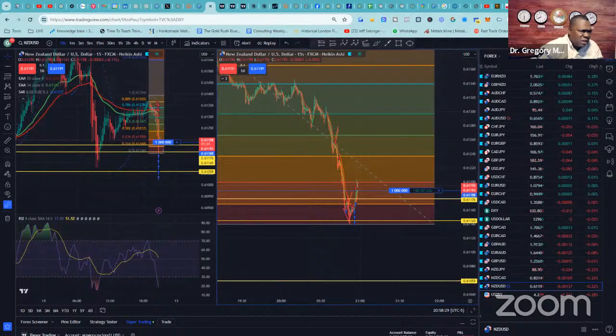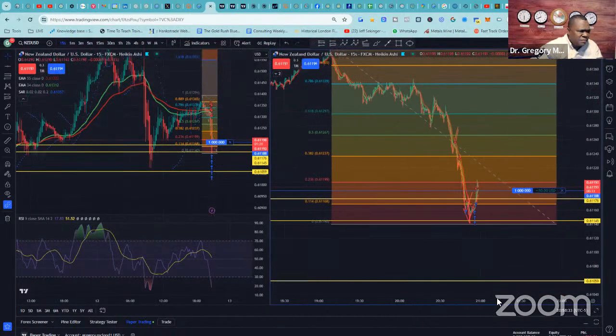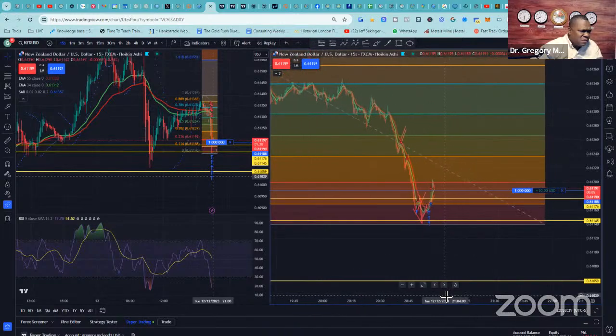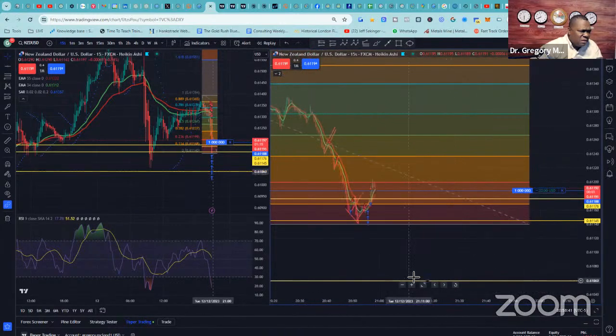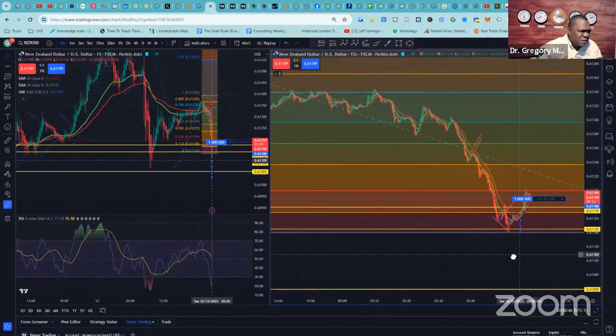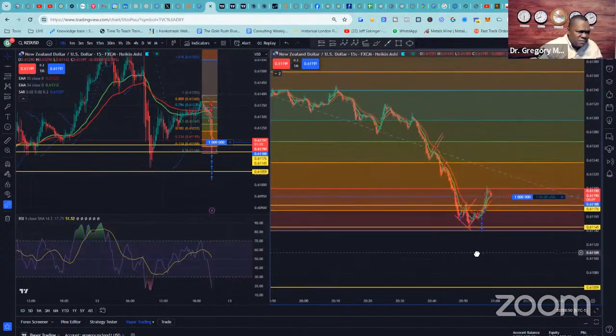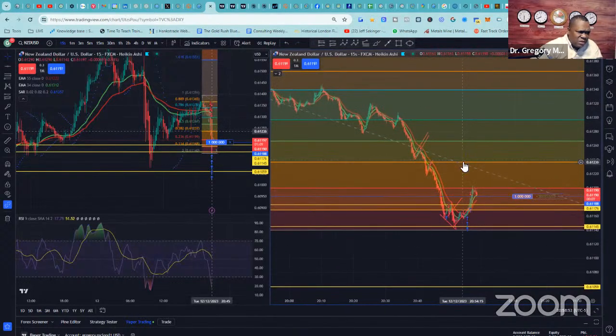What's going on here? I want to see my Fibonacci areas, but that's a 38 right there, 61.23.